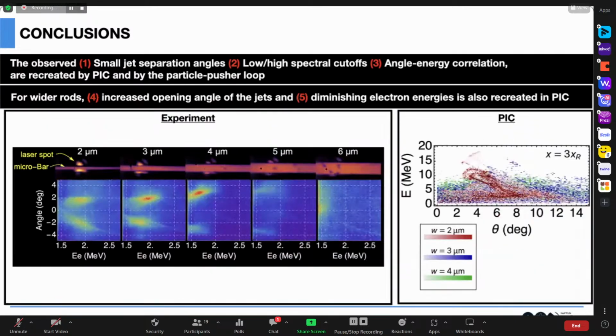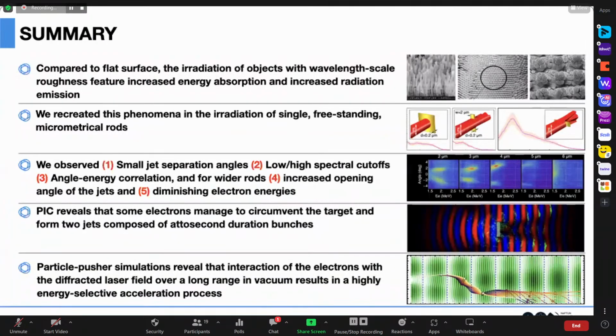If we look at the evolution with wider and wider rods, there are two observations in the experiment: the opening angle gets larger and larger, and the electron energies are diminishing. This is also recreated in the PIC.